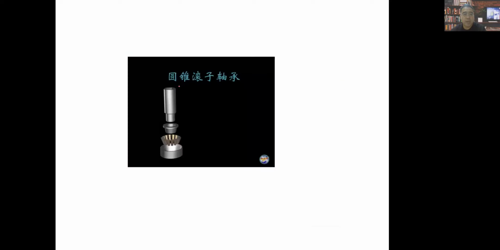So here is Chinese. I can read for you. 圆锥滚子轴承. Actually, 轴承 means bearing. 滚子 means roller. This 圆锥, I cannot remember how to express it in English, but it's this kind of shape. It's not a cylinder, but the top circle's section is smaller and the bottom one is bigger, right?